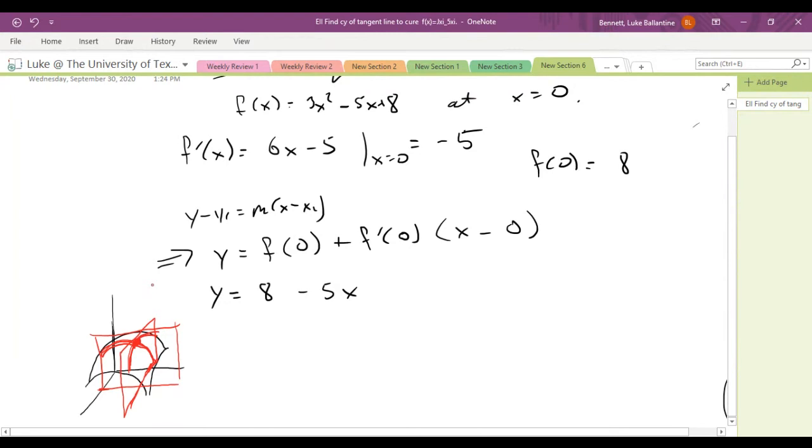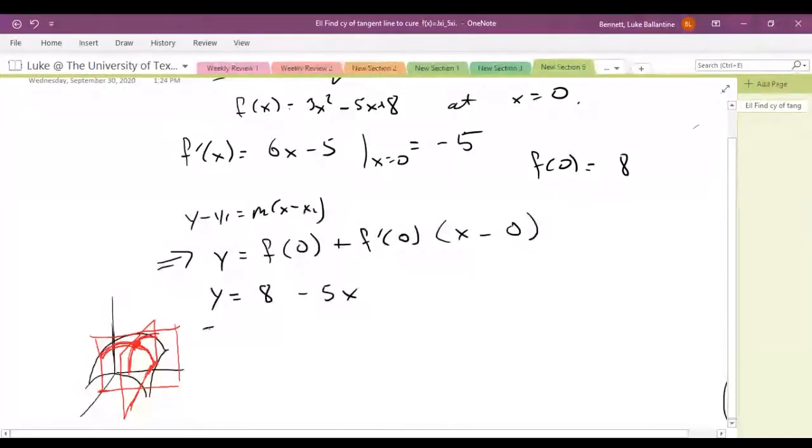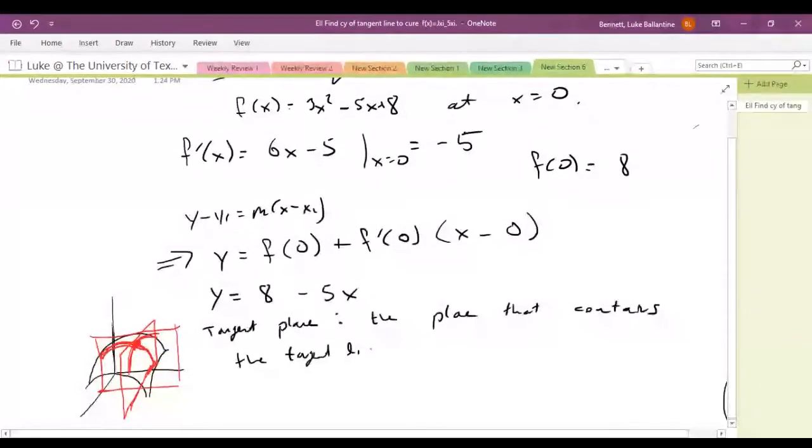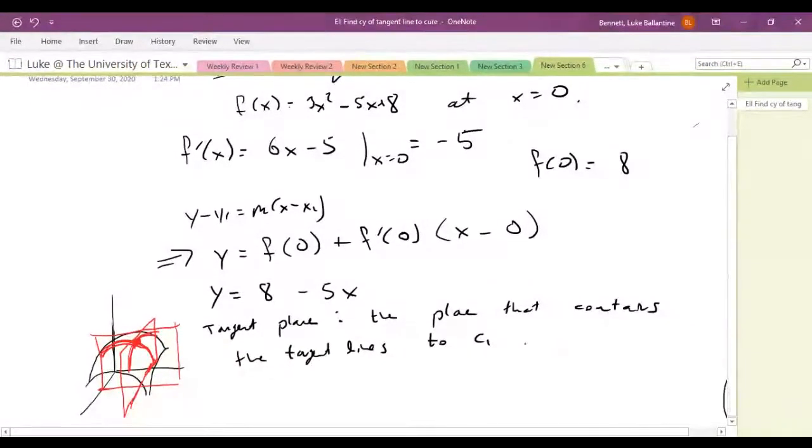And so the definition of the tangent plane is the plane that contains the tangent lines to C1 and C2, C2 being the curves of intersection.